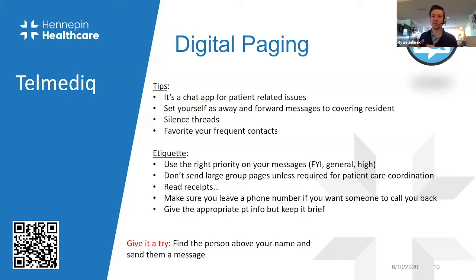So if you're connected to cellular but not Wi-Fi and you didn't get the alert, we'll try calling you as well. Or the app will try calling you. So just be mindful of that, and you're going to get so many of these messages that you're going to realize you wouldn't want to send someone a message unless it was something related to patient care.